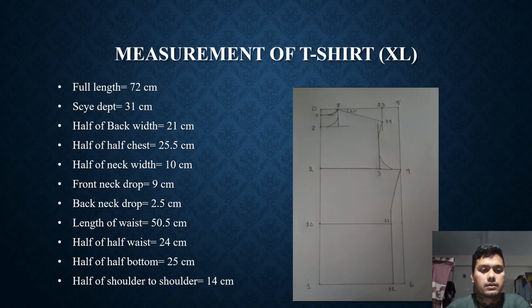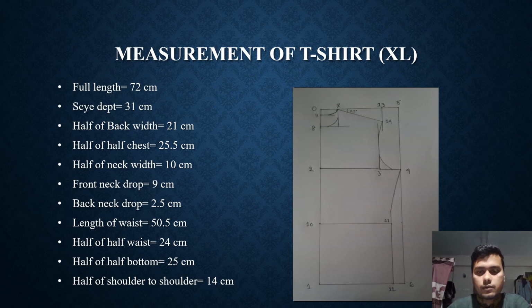And the half of back width, that is 21 centimeter, considered from 2 to 3. And half chest, the line from 2 to 4, and the measurement is 25.5 centimeter. And the half of neck width, that is 0 to 7, that is 7 centimeter.